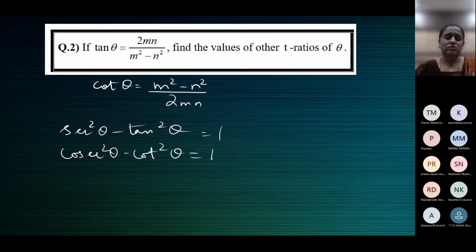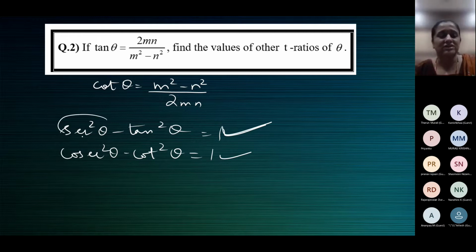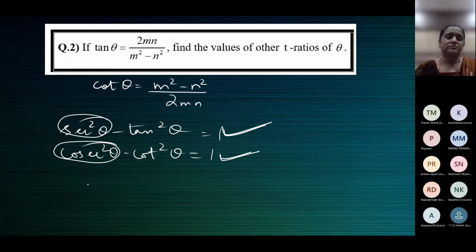You can use any one of the two. If you want to use tan theta directly, you can use secant square theta minus tan square theta equals 1, and you will find secant theta. If you want to use cot theta, you can use the other identity, and you will find cosecant theta.